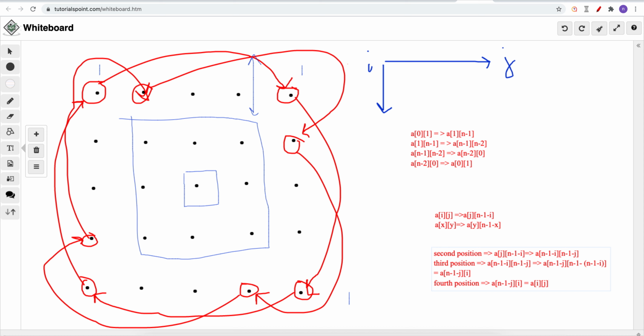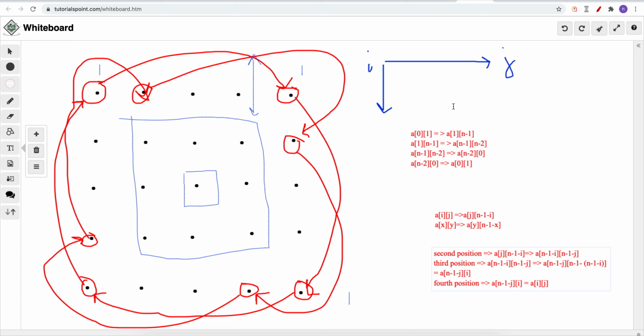We will start from 0 to n minus 2; we will not consider n minus 1, the last node. If we go to i equal to 1, we will not consider this one because this is already rotated. We will consider from this one. For i equal to 1, we consider from this node; for i equal to 2, from this node. Let's see how our formula will look.